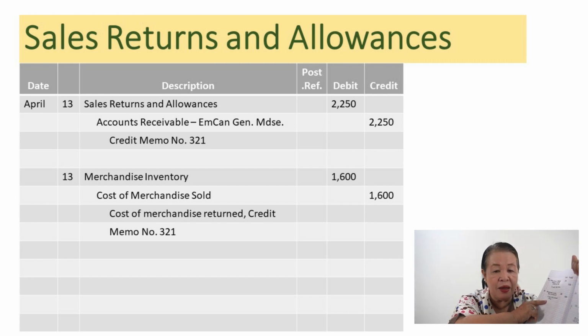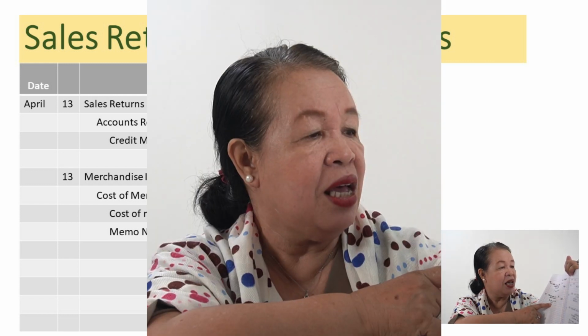And then, noong April 13 ulit, may merchandise inventory naman na 1,600, credit cost of merchandise sold na 1,600 to record the cost of merchandise return. Kasi yung ni-return na 2,250 na sales na binenta natin, ang cost noon is 1,600 lang.